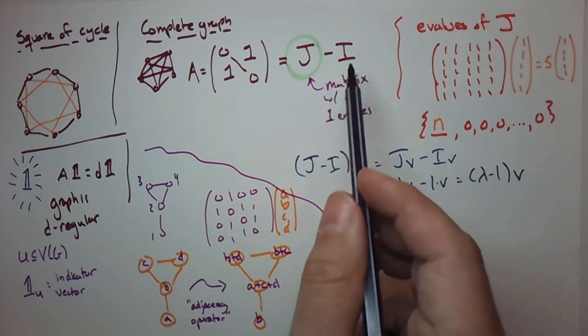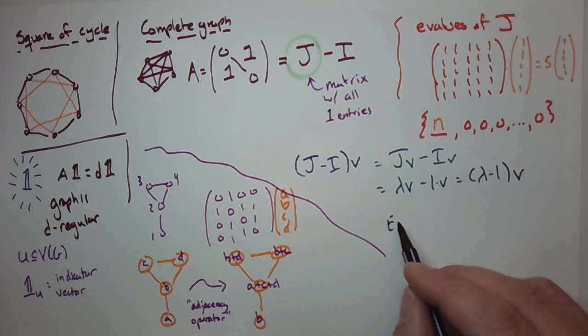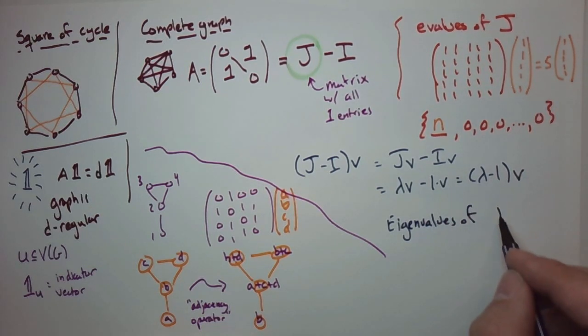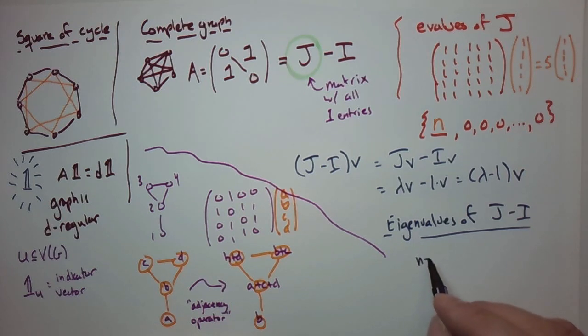So in other words, adding or subtracting multiples of the identity, it's really easy to say what happens to your eigenvalues. We know what our eigenvalues of J are, and so the eigenvalues of J minus I, well, that will be n minus 1 and a lot of minus 1s.